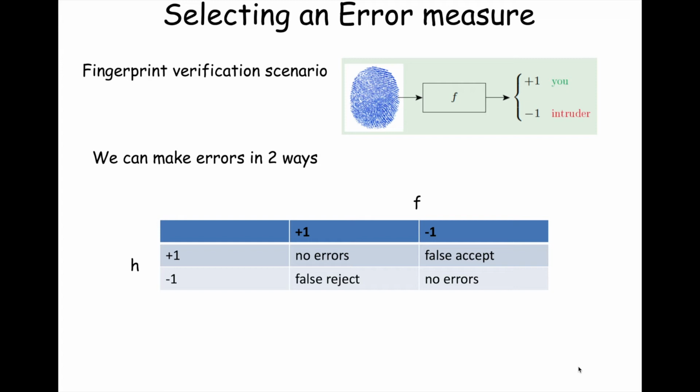So if we take a position in this 2x2 matrix and we first examine the diagonals, that's where everything is correct with respect to the target function. And so here in the upper left-hand corner, there's no error. What does that mean? It means that the ground truth hypothesis says, yes, you belong here, it's really you, and the predicted output, the current working hypothesis, says yes, it agrees with the ground truth target function. So it is correct.